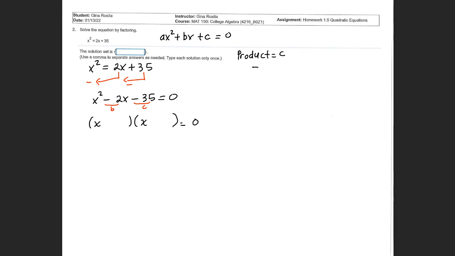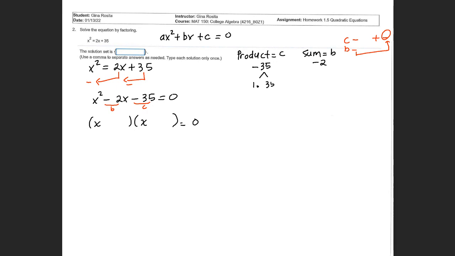C equal negative 35. Sum equal b. B is negative 2. Check again: if C is negative, the answer becomes positive and negative. Look at B. B is negative, so we put the negative sign on the biggest number. Now find the product first.